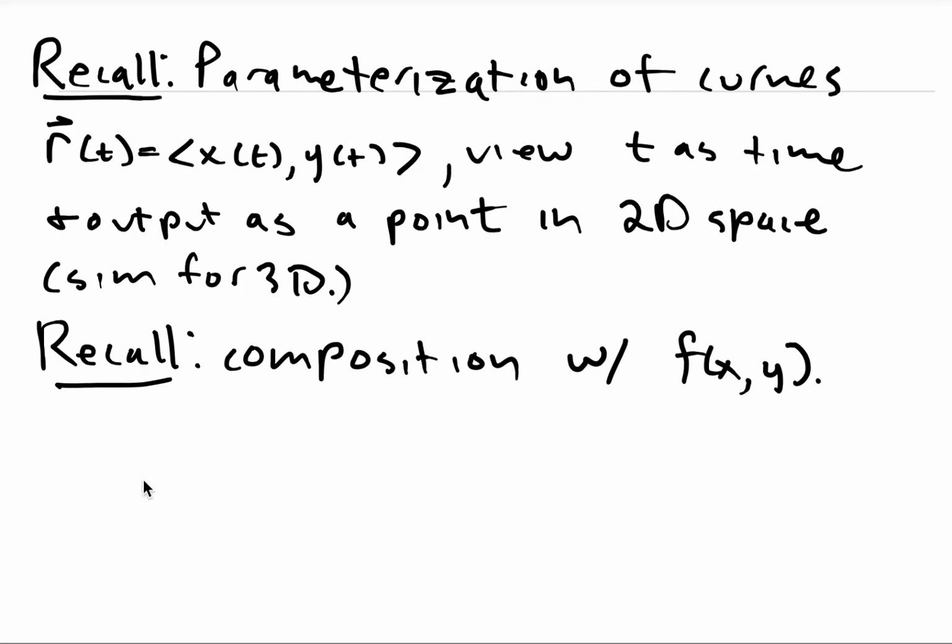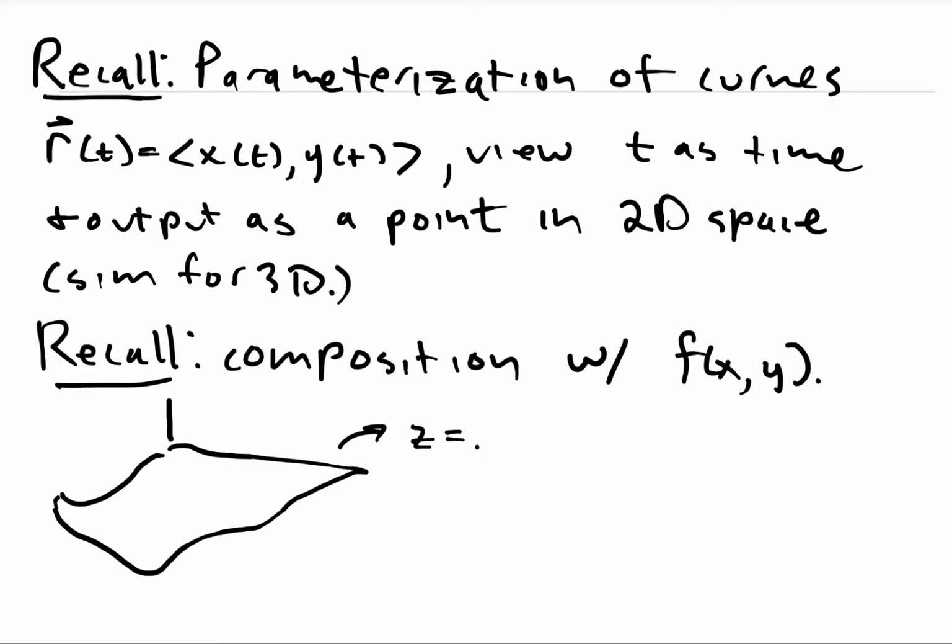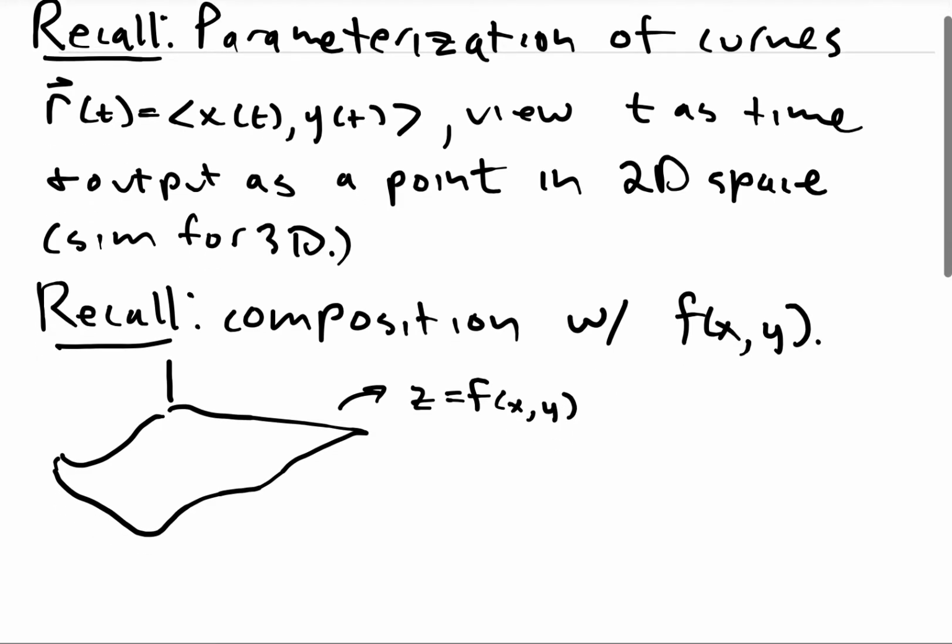Now, what I'm going to go ahead and do is think about composing this guy with a function of two variables. So I'm still sticking for now in my 2D case, right? Now, what does that actually do? Well, this two-dimensional input function that I have here, when I go to graph these things, usually we interpreted these as surfaces.